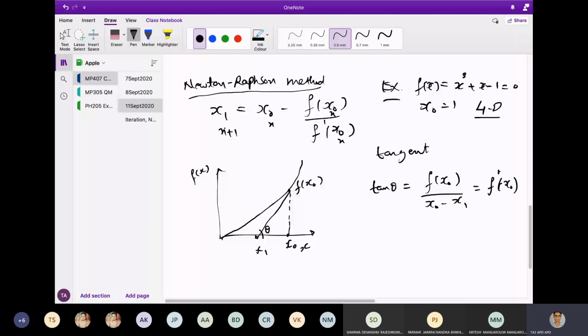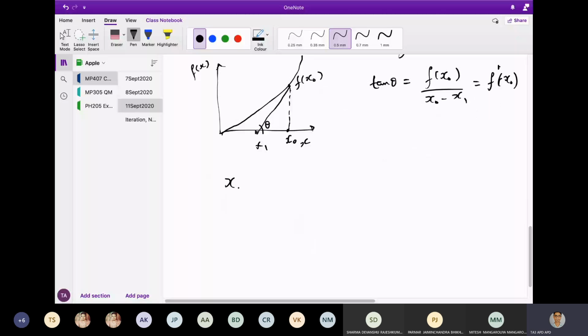So if you write it in general, that is x(n+1) equals xn minus f of xn divided by f prime xn. So the concept here is that we approximate each point by its equivalent tangent.